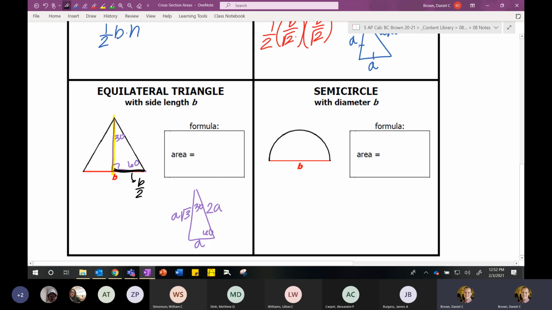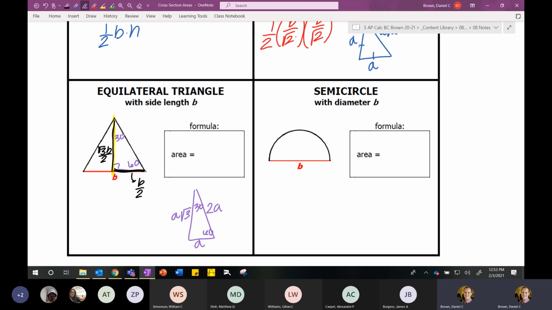Well, if the short leg is B over 2, what is the height going to be? Just root 3 times that, so root 3 B over 2. Hopefully those numbers look familiar. This is kind of where the whole unit circle comes from anyways. Then again, what is the area?